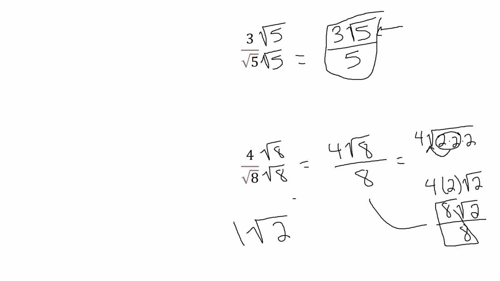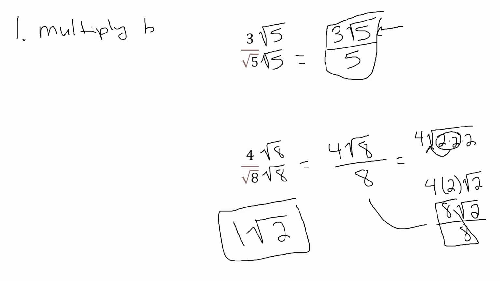So while the mathematics of this is not difficult, there's a lot of steps here. So let me write down some steps. Number 1, multiply top and bottom by the radical in the denominator, because whatever you do to one side of a fraction, you have to do to the other side of the fraction.